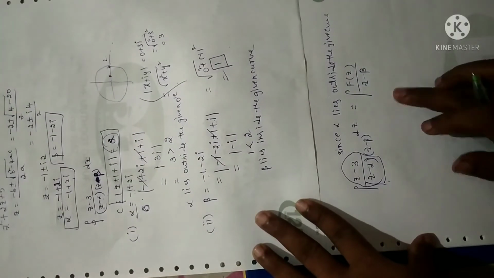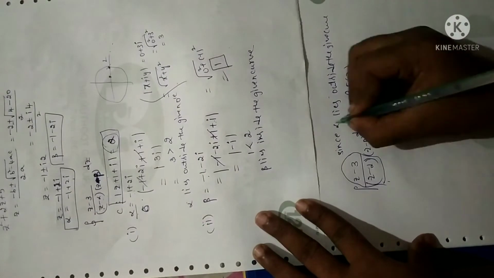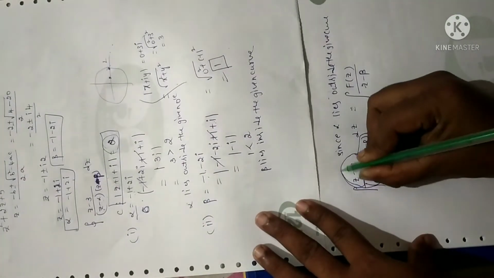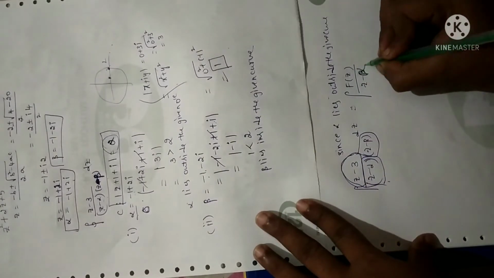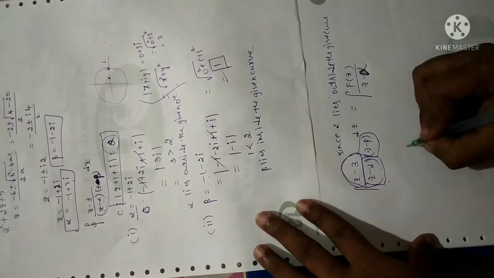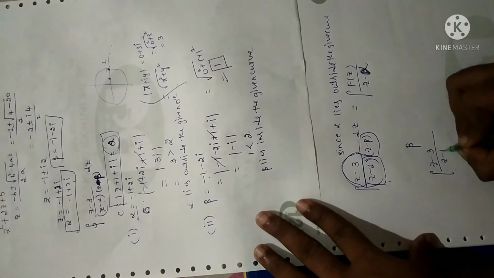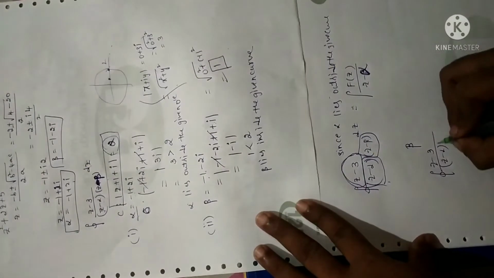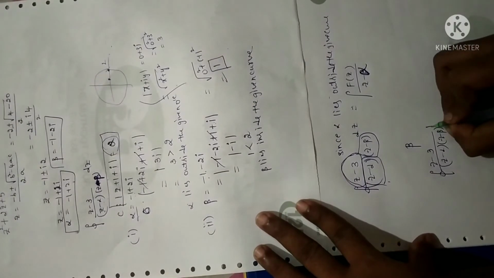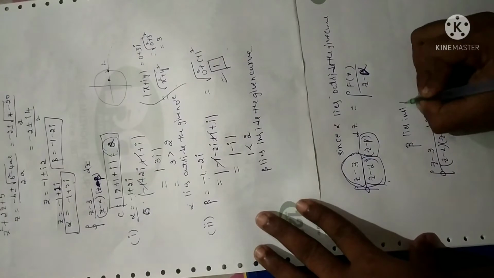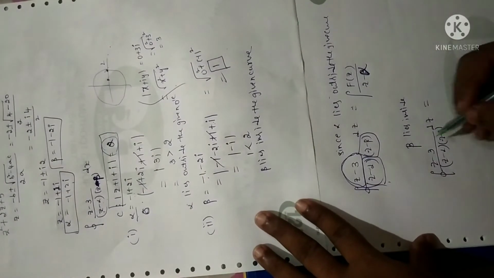When you talk about beta, since we are talking about alpha, I can retain alpha as it is. If you are going to talk about beta, I can write this as z minus 3 divided by z minus alpha into z minus beta into dz. Anyhow, beta lies inside, so I am talking with respect to beta.